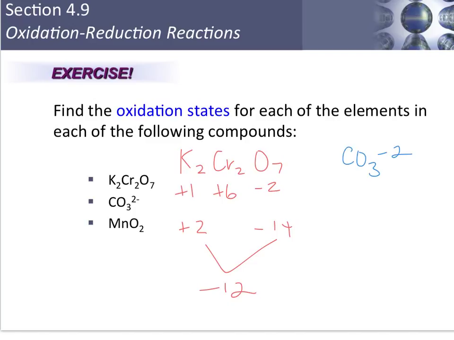In the carbonate polyatomic ion, we have oxygen, which is always a -2. And there are 3 of them, so that's a total of -6. Now we want the overall charge to be -2 for the polyatomic ion, so the oxidation state for the carbon has to be a +4.